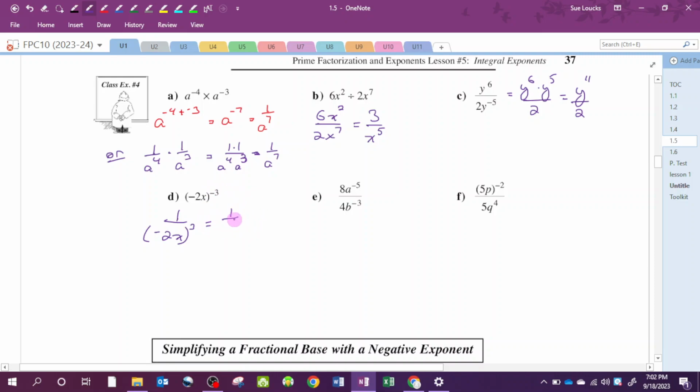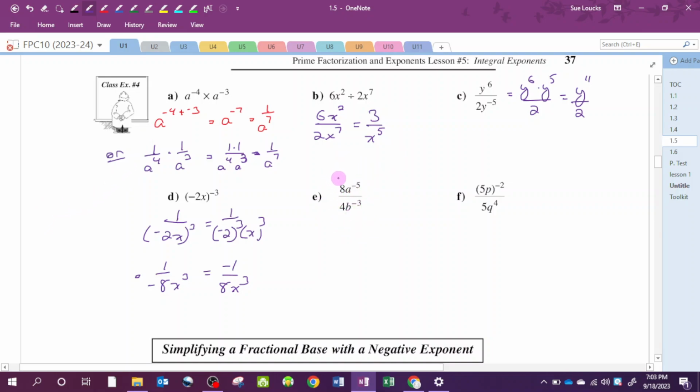And then this is going to be 1 over negative 2 cubed times x cubed. So that's going to be 1 over negative 8x cubed, which we would normally write as negative 1 over 8x cubed. We tend to float the negative up. But it's not wrong with the exponent in the bottom. We just tend to look for it in the top.